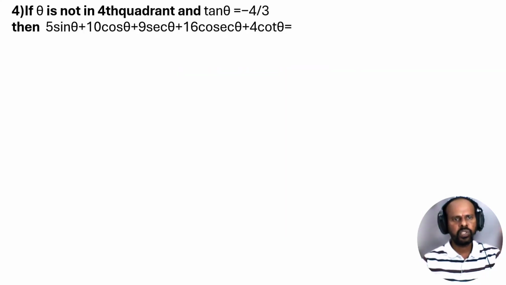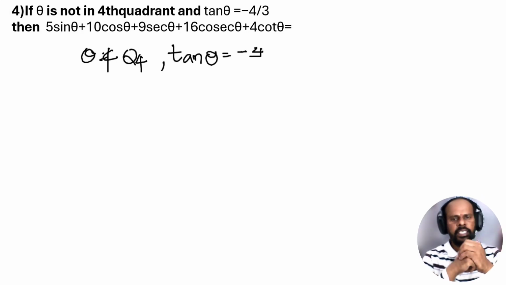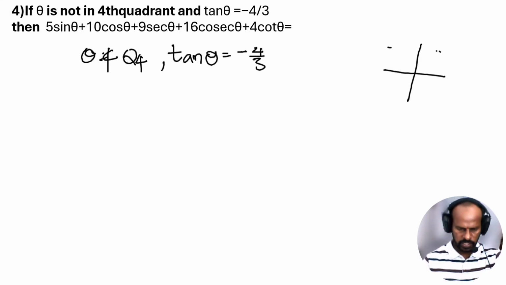So in this fourth question, theta is not in fourth quadrant given. So tan theta is minus. If theta is not in fourth quadrant, in which quadrant does it lie? tan theta equal to minus 4 by 3, already given in the question.